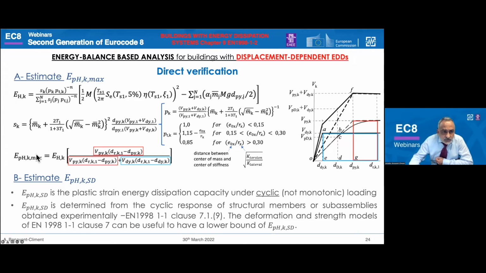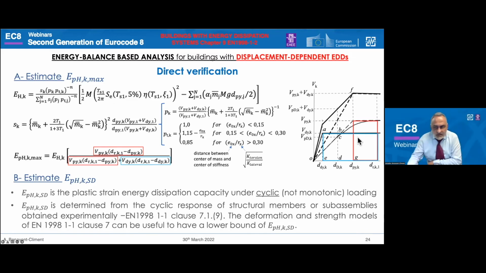Once we have the amount of plastic strain energy demand on the K story, we have to distribute this energy between the primary elements of the main structure and the energy dissipation devices. And we do that with this very simple equation that assumes that the total plastic strain energy in the story is distributed between the main structure and the dampers in the same proportion of these areas.